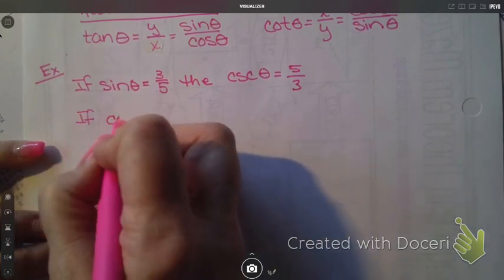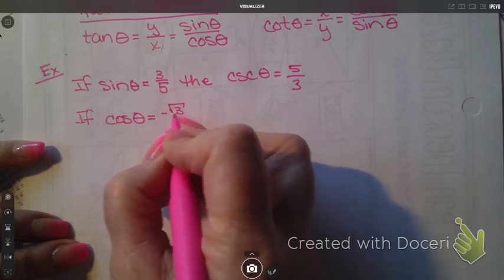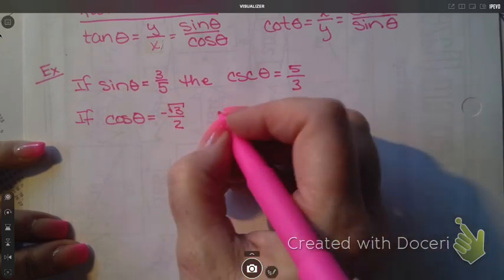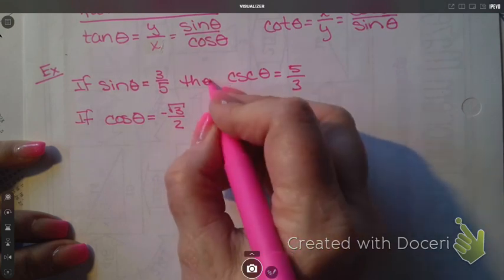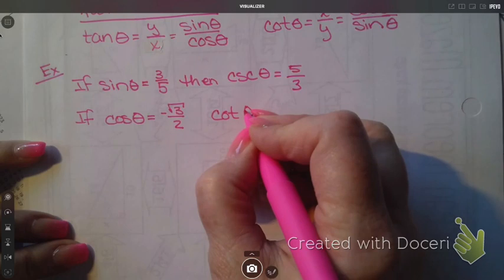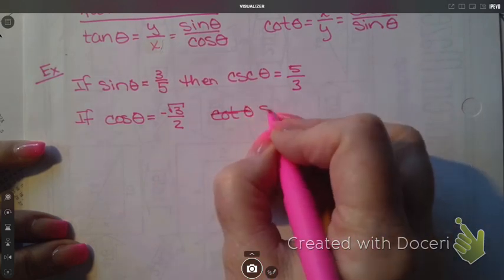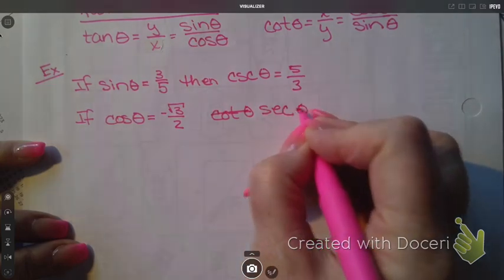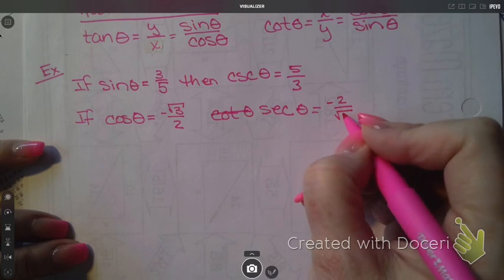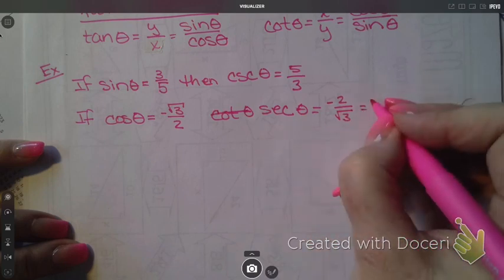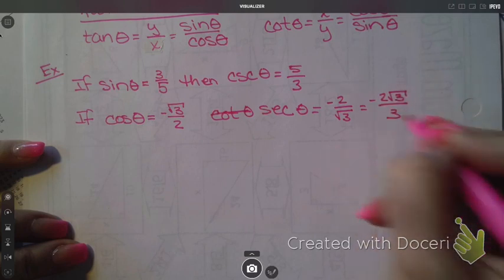If cosine is negative the square root of 3 over 2, secant would be negative 2 over square root of 3, but we can't leave it like that, right? Negative 2 square root of 3 over 3.